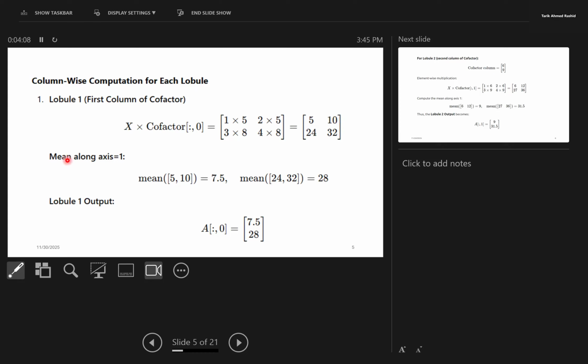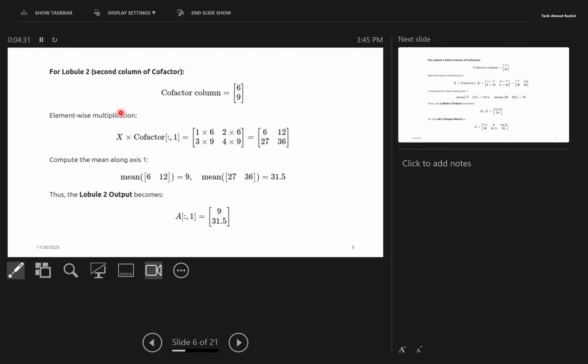When we say mean along the axis, that means the mean for the first row and the mean for the second row. So the output of the first lobule in ALC would be matrix A, 7.5 and 28.